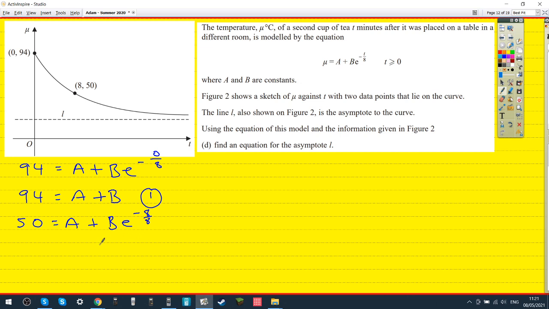So e to the minus 1 is a bunch of numbers, 0.36787944412. Okay, we'll just leave it as e to the minus 1. So we have b e to the minus 1. Okay, how do we solve these two?